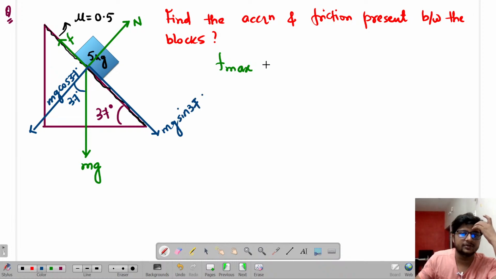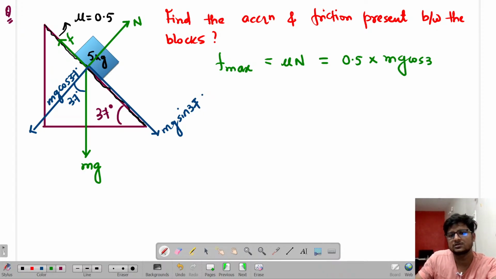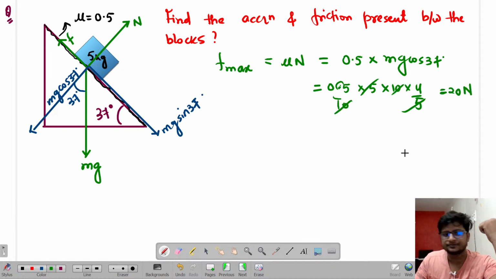Now, f max is mu into N. Mu is 0.5, and normal is mg cos 37. Cos 37 is 4 by 5, so the 5 cancels, and this is 20 Newton.